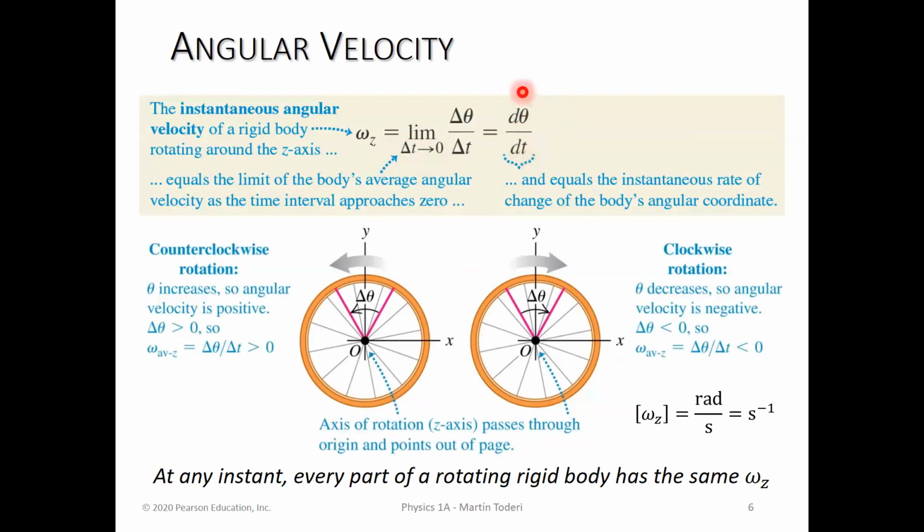So we get the derivative of theta in order to get the instantaneous angular velocity of the rigid body. So I trust you remember when we did this for straight line motion, and actually for any calculation of velocity, right?